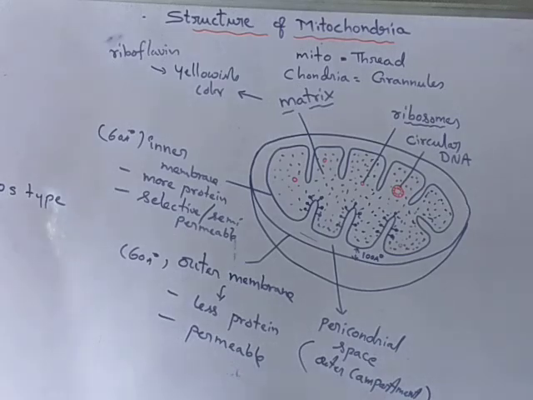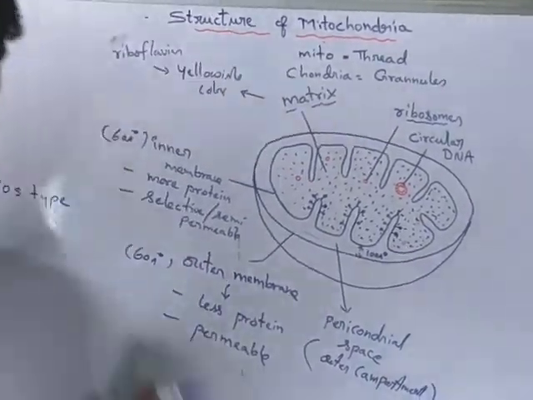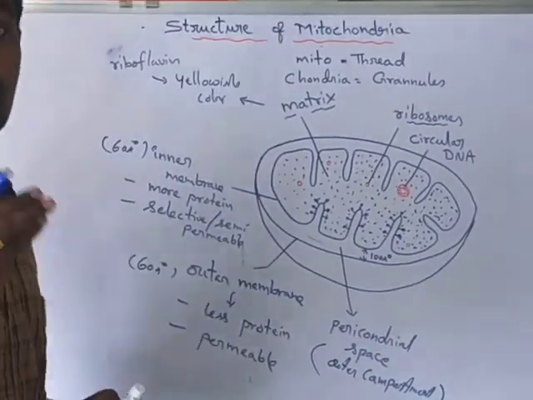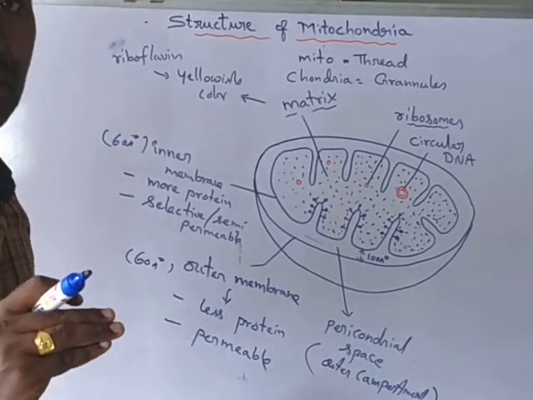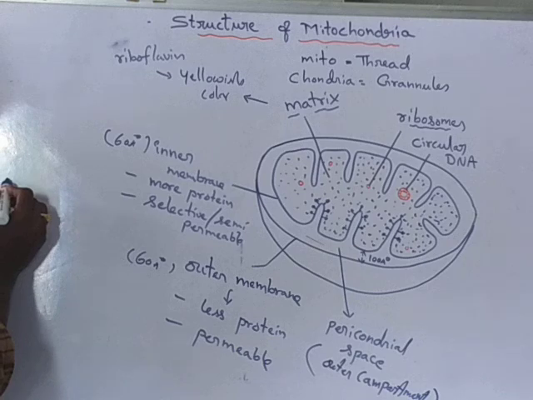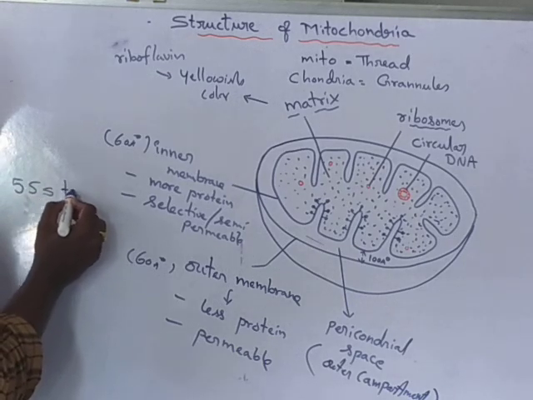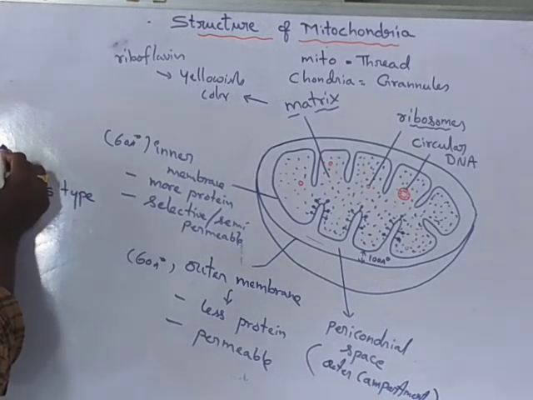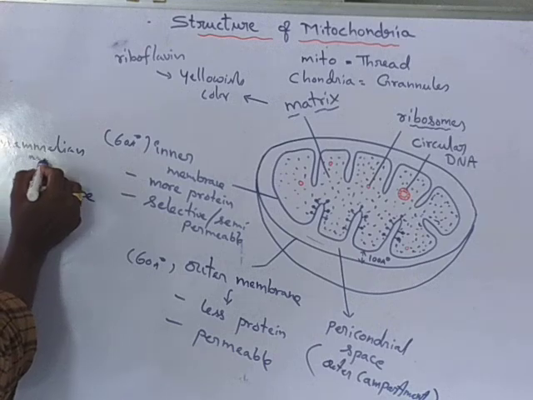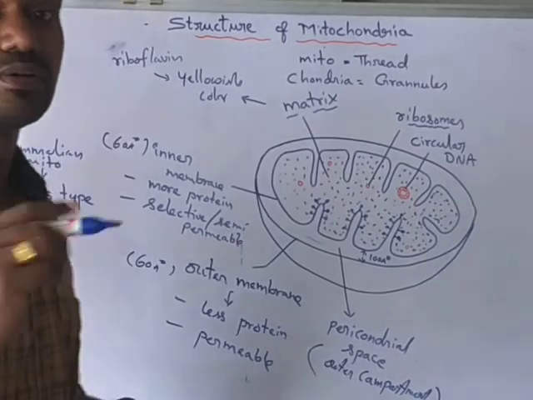Eukaryotic mitochondria generally contain 70S, but mammalian mitochondria contain 55S type ribosomes.